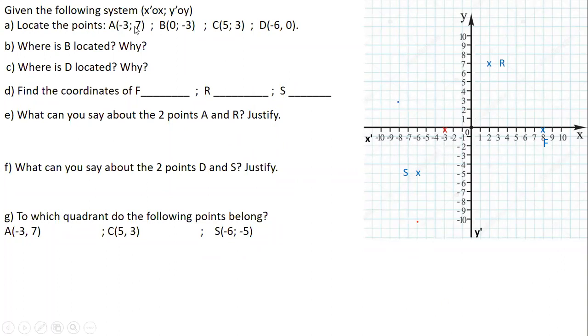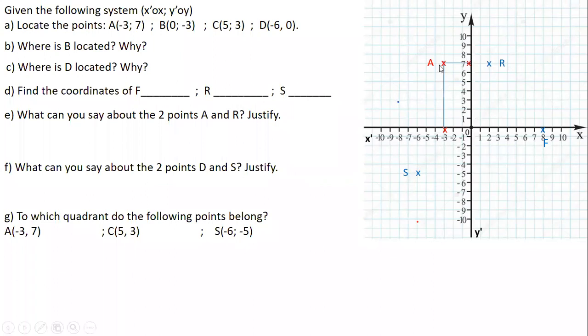It has 7 as ordinate, of course the ordinate is located on the y-axis. 7 is positive, so it is located upwards. This is the 7, I make an x. Always we draw a vertical line and a horizontal line, where they intersect I get point A. This is how we locate point A.